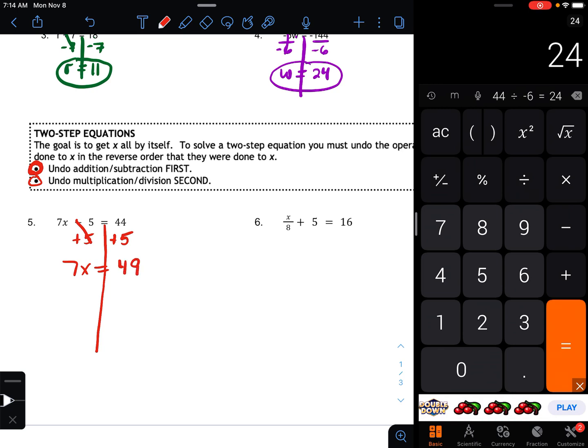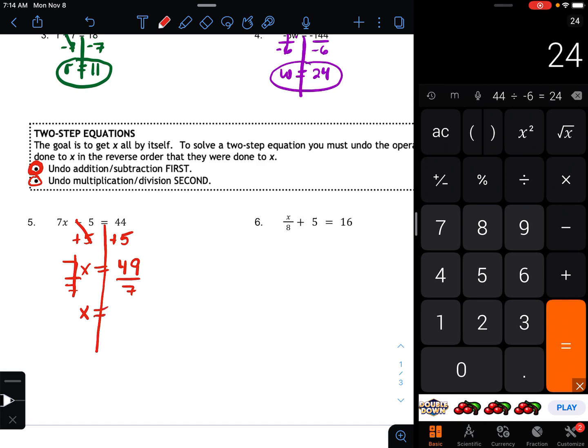All right, at this point, you might be able to say you know what the solution is. 7 times what is equal to 49? Remember, this is 7 times x. And if you're not sure, or if you're just showing your work like you are supposed to do, let's undo that multiplication by dividing both sides by 7. That cancels that out to 1x, or just x.